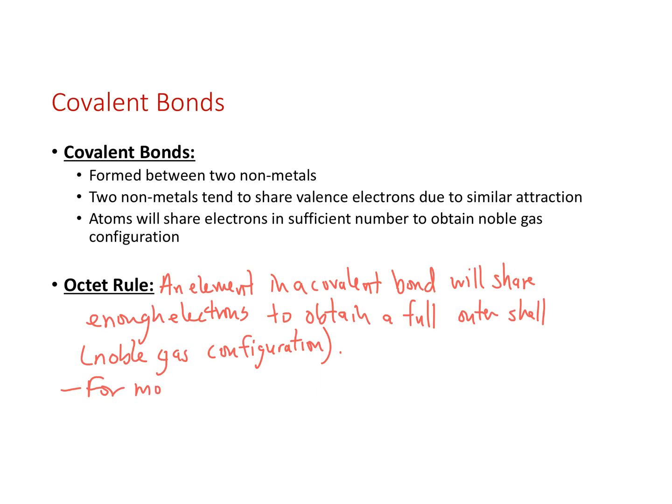For essentially all the elements that we're going to look at, except for hydrogen and boron, for most elements, that is 8 electrons for an octet.